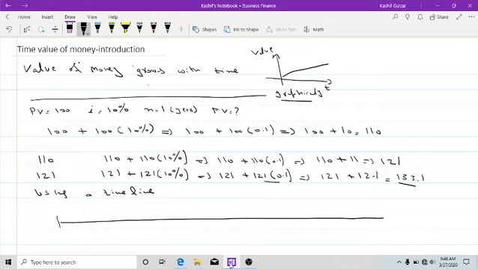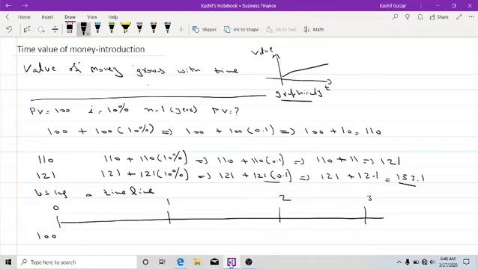So time 0, time 1, time 2, and 3. So what's going to happen is $100 is invested today.